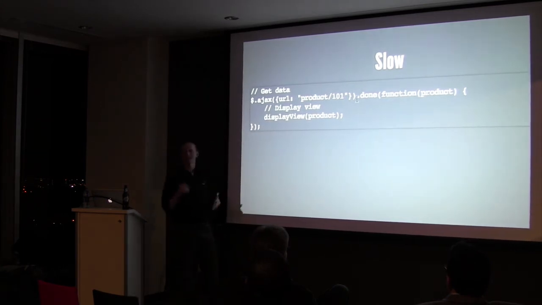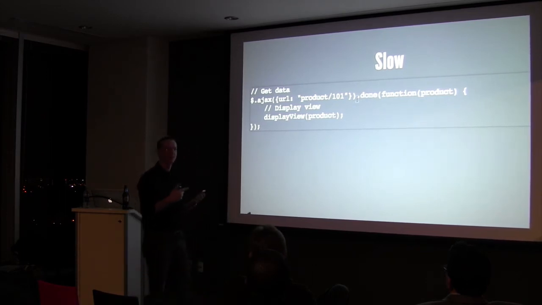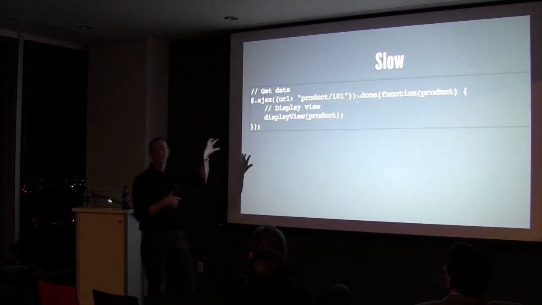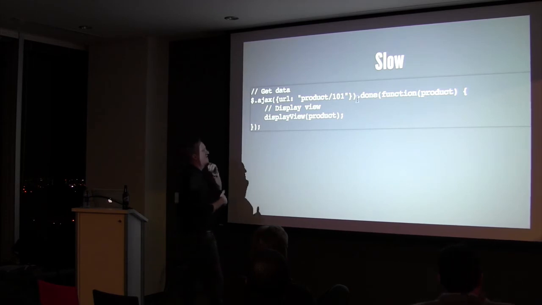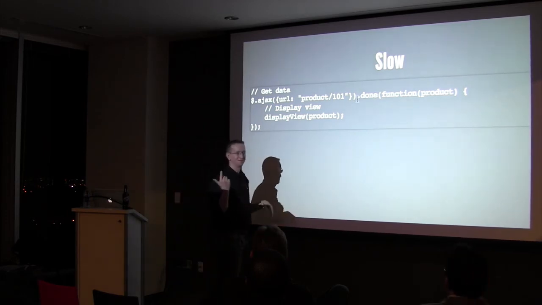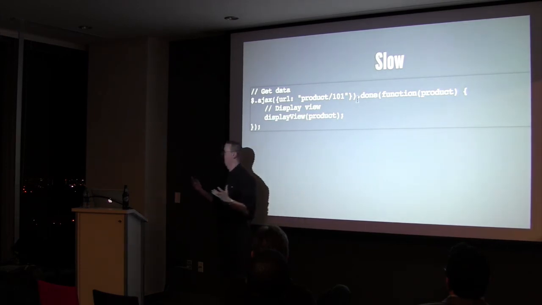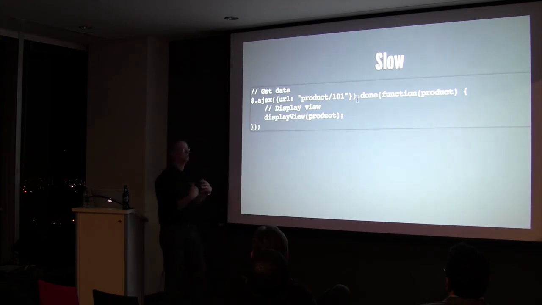But if this was triggered on user input, say you tap a button, it makes a request to the server, and that user is waiting for that request to be fulfilled before anything is displayed. If that request times out, or it's really slow because you're on a slow network, it could be 30 seconds before you get any feedback back to the user.